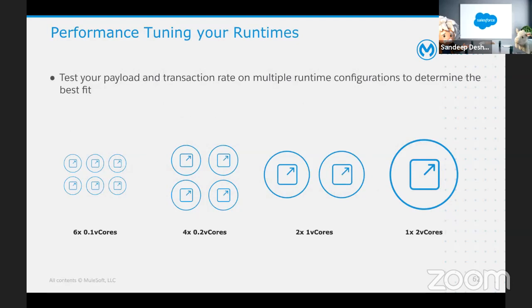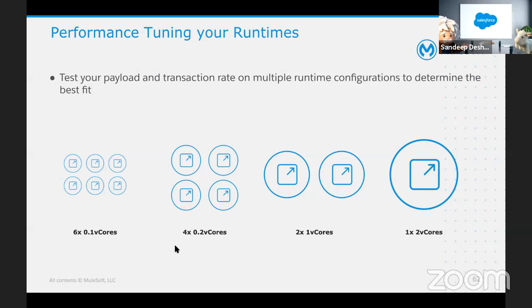So one thing I've always talked to customers about: some customers directly deploy their application to 1 vCore. So what I usually recommend is to start with 5 workers on 0.1 vCore and see the performance on that. Start with the smallest fractional core and then go on incrementing.